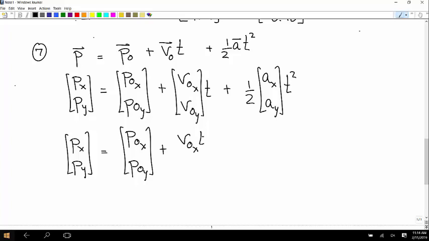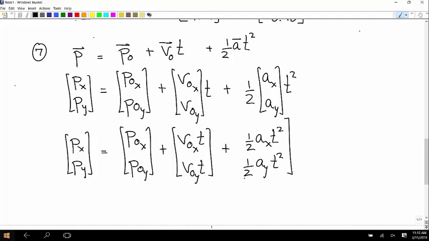That's right. And the y component is V0yt. And then we're going to do the same thing twice with the 1/2 and with the t squared. And so that gives us 1/2 ax t squared for the x component and 1/2 ay t squared for the y component.